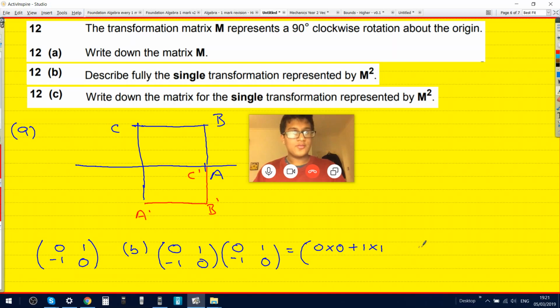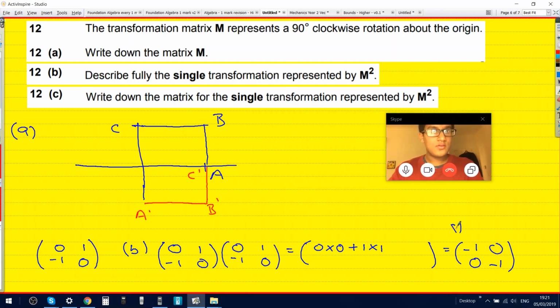So the result is (-1, 0; 0, -1). Okay, and so that's actually the answer for C, which helps for part B.